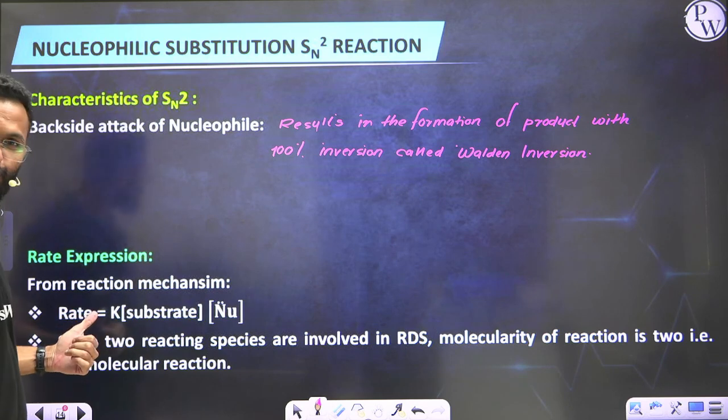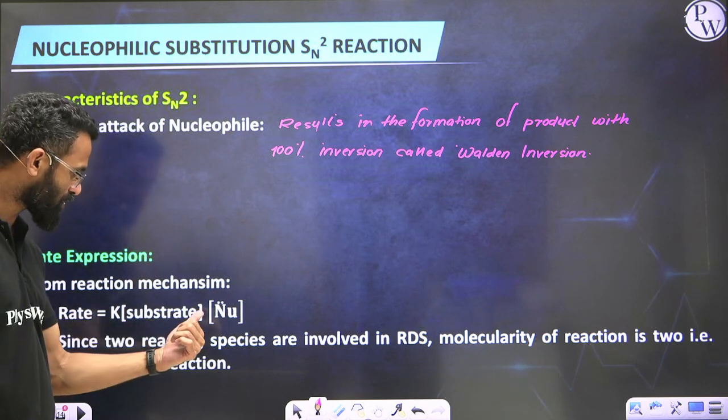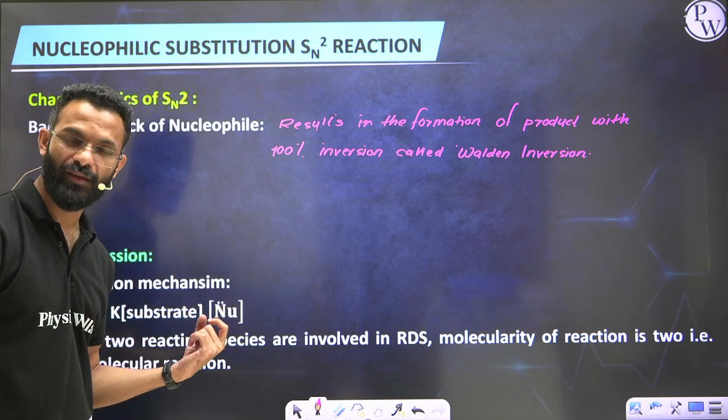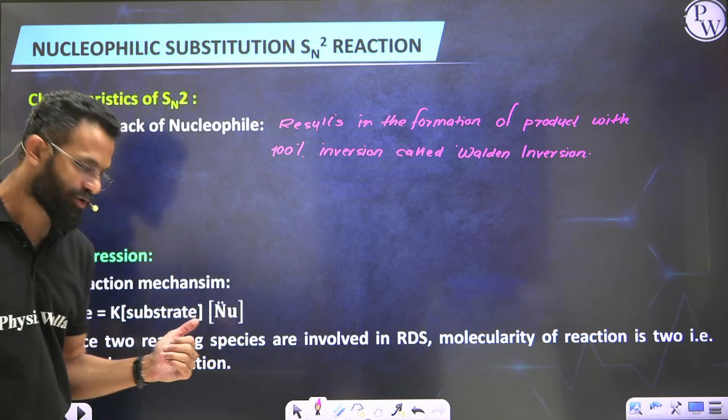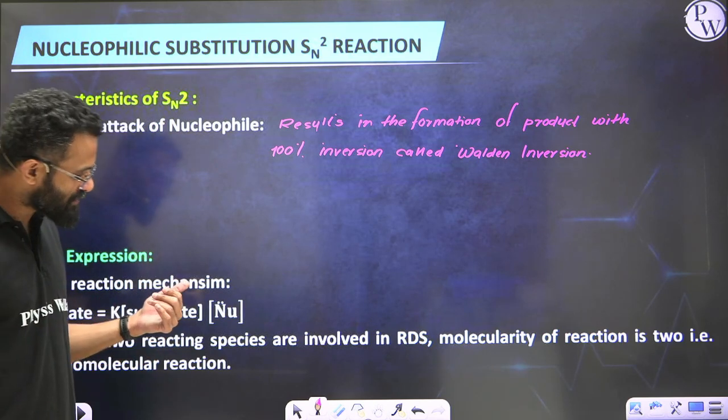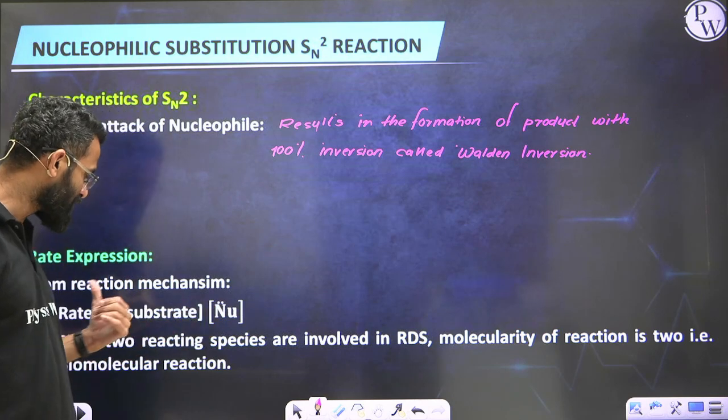So rate is equal to K into the product of molar concentration of substrate and the nucleophile, which means if I change the concentration of substrate, the rate will change. Also, if I change the concentration of nucleophile, the rate will also change.